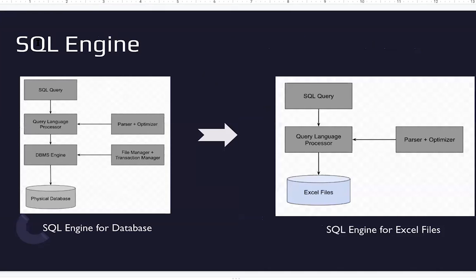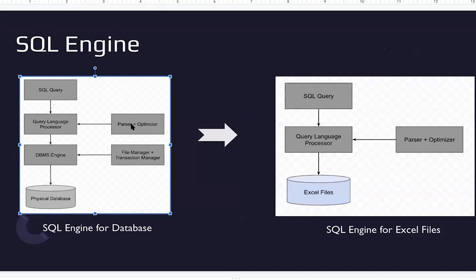And based on this statement, the left part is the natural SQL engine, and we can input some SQL queries, and it will be processed by the query language processor.